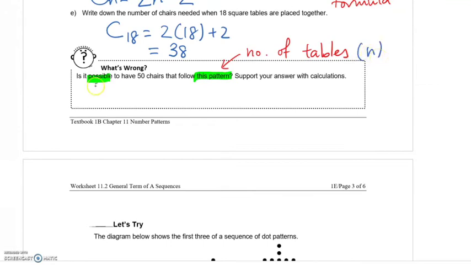So we have 2n plus 2 equals 50, and therefore we need to solve for n. So make n the subject. 2n equals 48, and so n equals 24. Therefore, yes, it is possible. 24 tables are needed for 50 chairs.